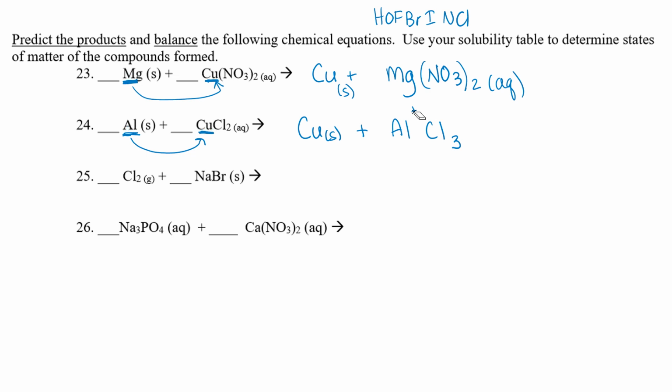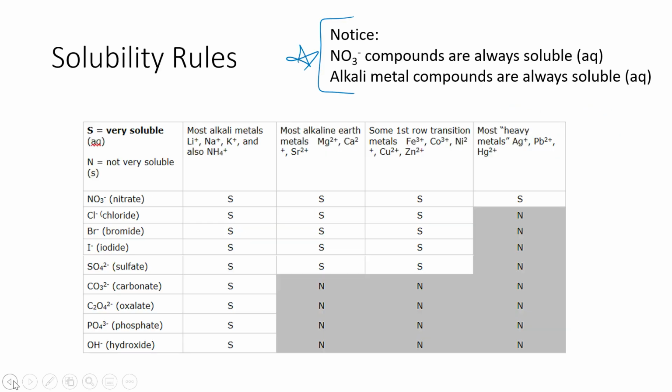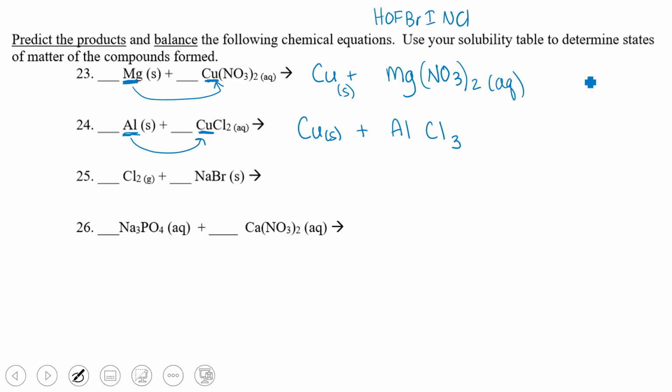If I want to figure out the state of matter of this, I can go back here and look at my chlorides. Actually, aluminum's not on here. Chlorides are mainly soluble unless they're combined with silver, lead, or mercury. I just realized aluminum's not on my table though. Okay, we can assume aluminum chloride is soluble.